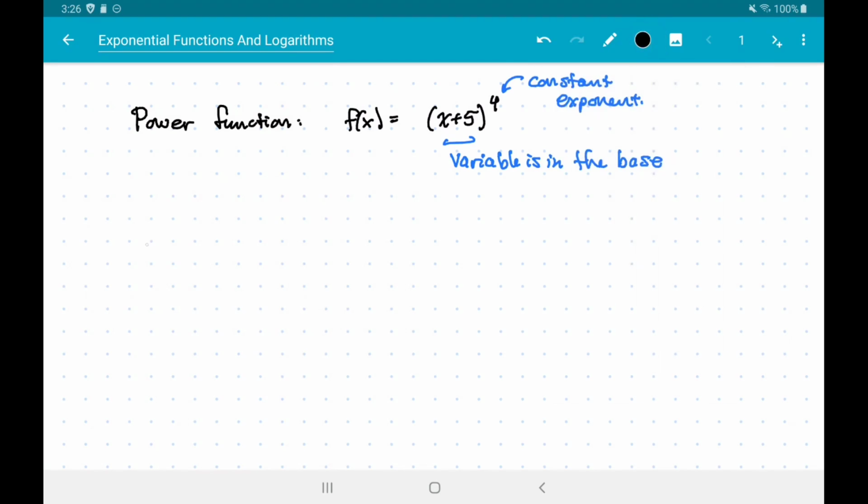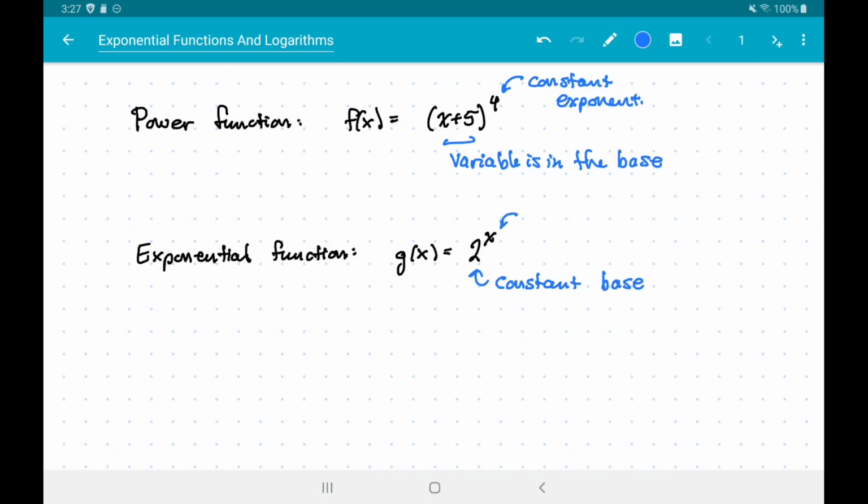In contrast, in an exponential function, let's say g of x equals, well, I'll still use 2 to the x here, there's a constant base, and the variable is in the exponent.